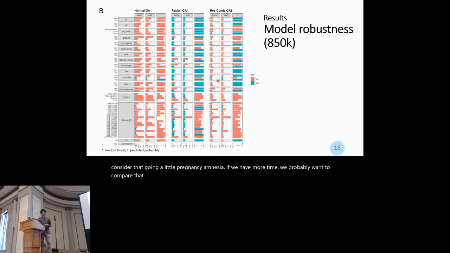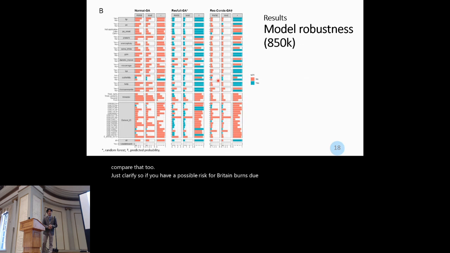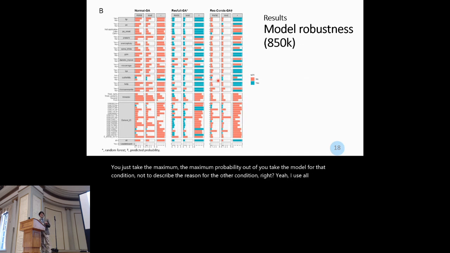But just to clarify, if you have a possible risk for preterm birth due to spontaneous labor, or preterm birth due to preeclampsia, for example, you just take the maximum probability outcome, and you take the model for that condition, not discounting the risk for the other condition, right? Yeah, I use all of the predicted probabilities. So you take all the probabilities and divide the estimates? Yes. So it's considered like a parallel universe.